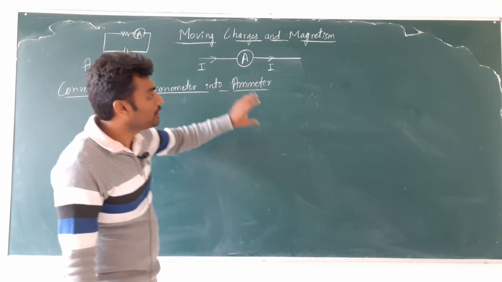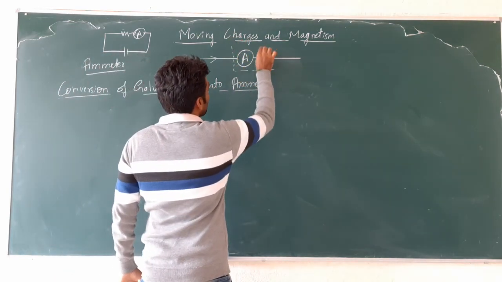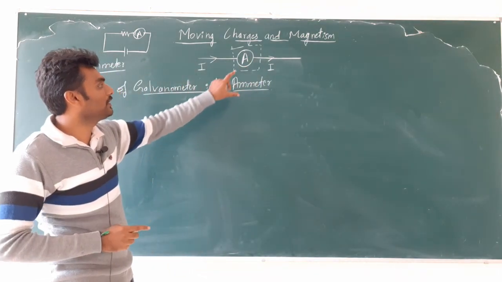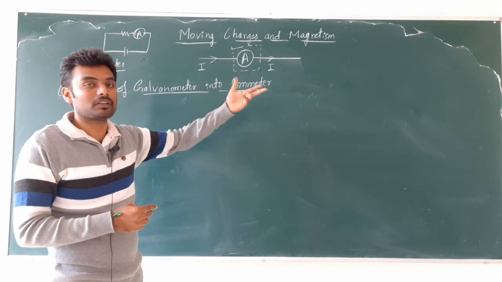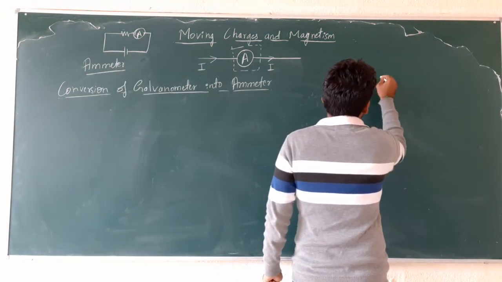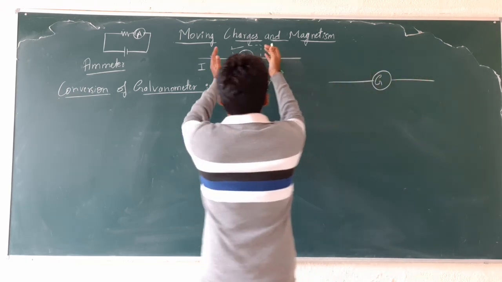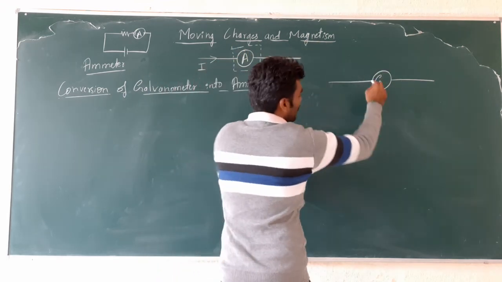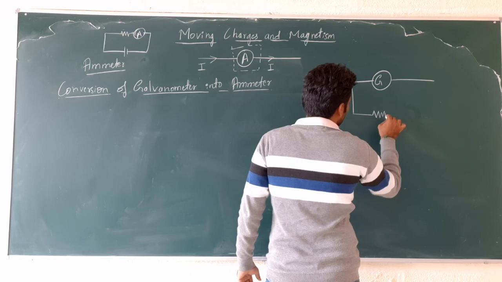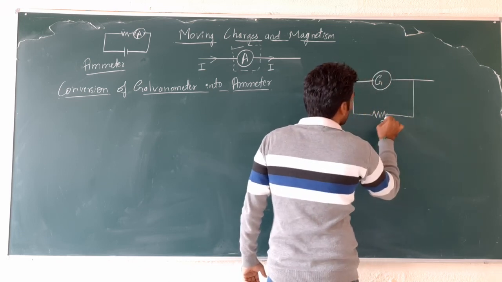Now let us look at what exactly the ammeter looks like inside. What is the exact arrangement of different components inside the ammeter? Inside the ammeter, we will have a regular galvanometer. Say I am going to expand this part here. A regular galvanometer to which a low resistance is connected in parallel.